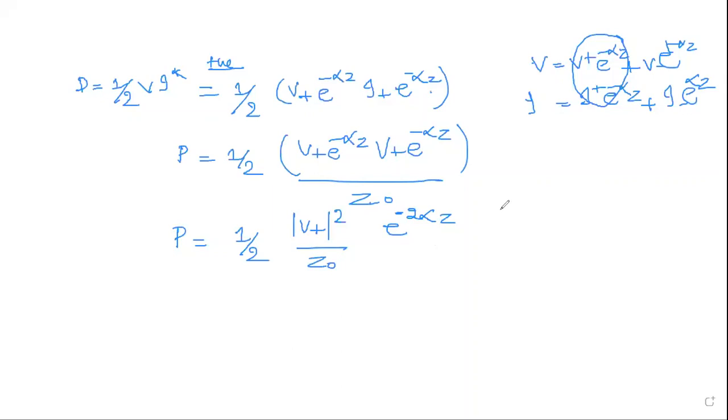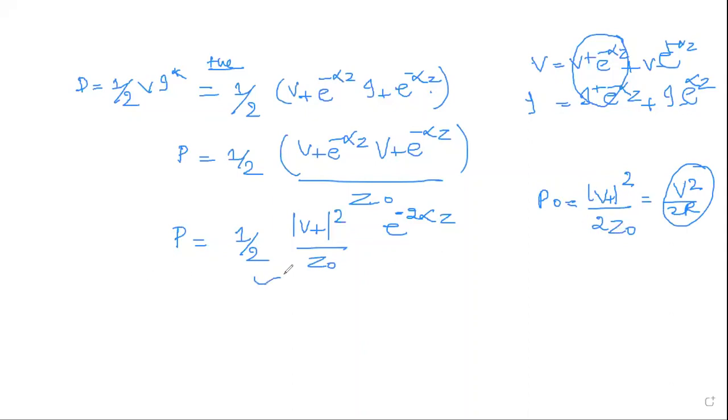But we know that you can also write the output power equation in terms of voltage as V plus squared divided by 2Z naught, or V squared by 2R, how we write generally. Same equation, it is V plus squared by 2Z naught.